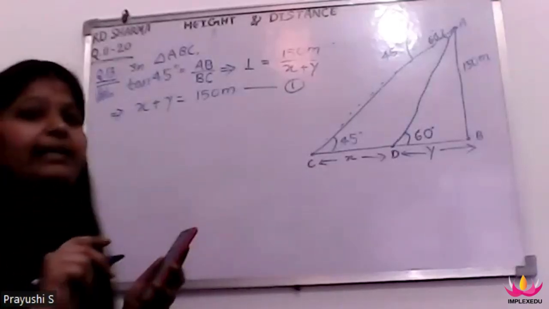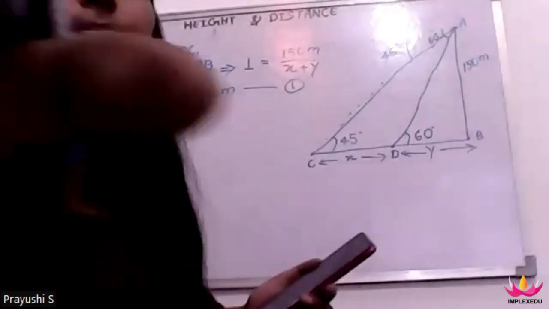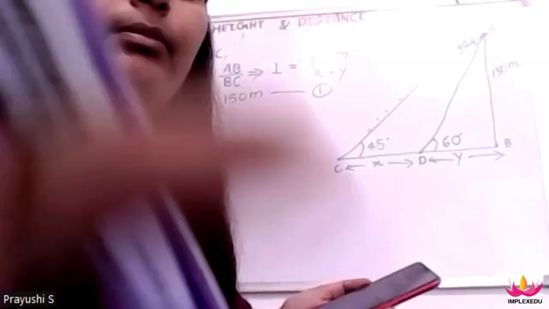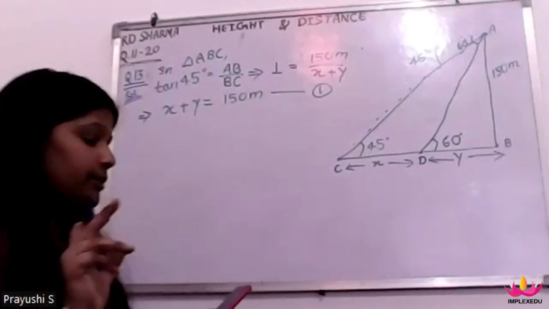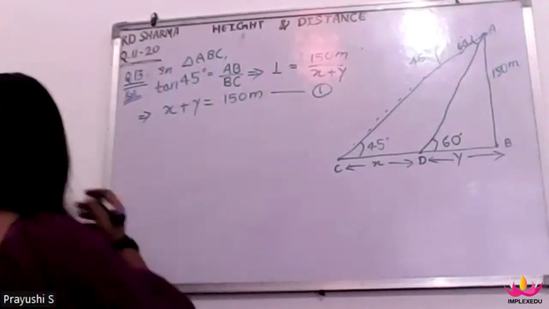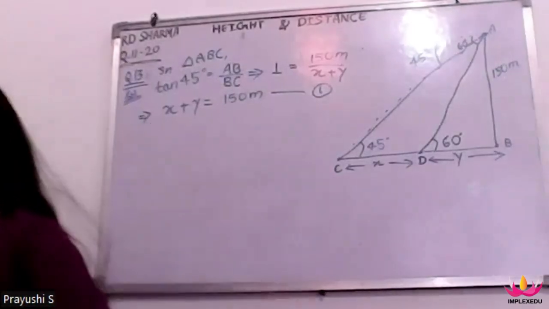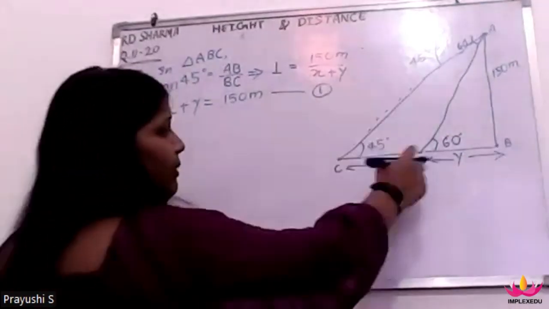Okay, x plus y is equal to 150 meter. Okay, so now this is done. Now we will take ABD.